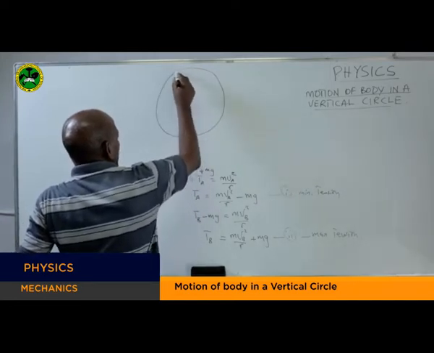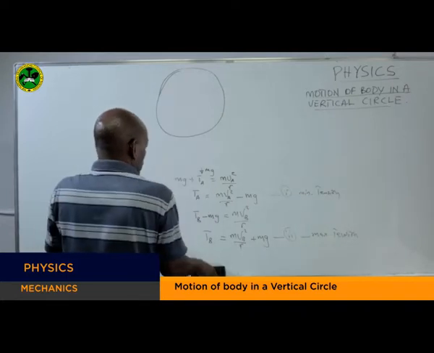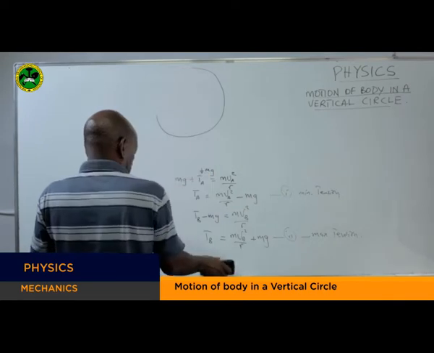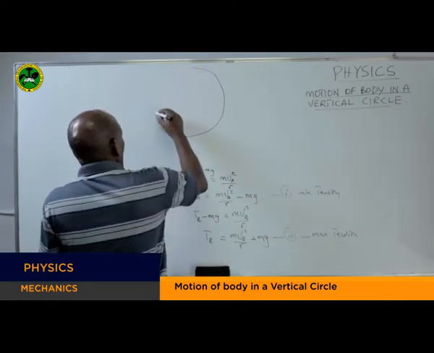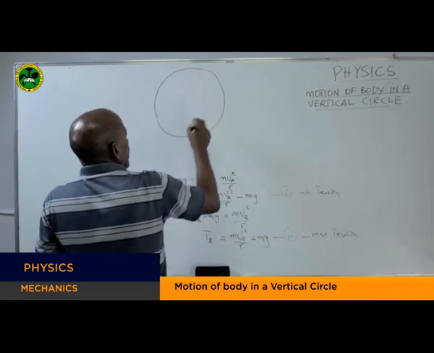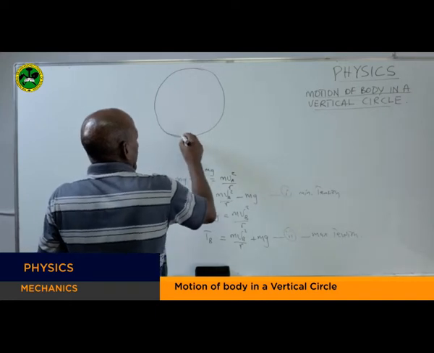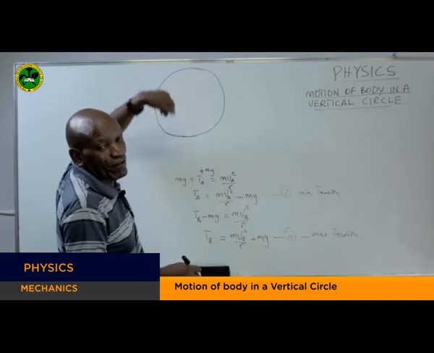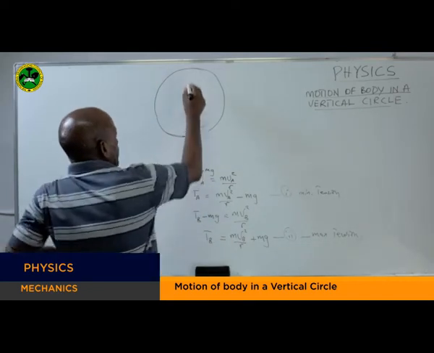So we have a plane like that, which is moving in such a vertical circle. It's looping a loop.